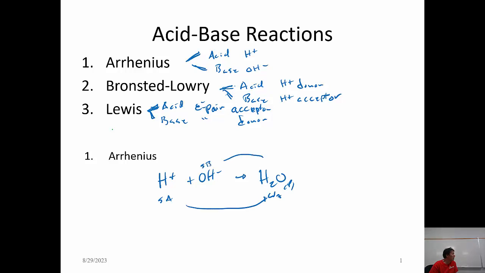Water is a weak base. So we have driving force for this. Taking a strong acid and strong base and reacting them to form weak. In this case, water is both the acid and the base on the product side. This we call acid-base neutralization reaction.